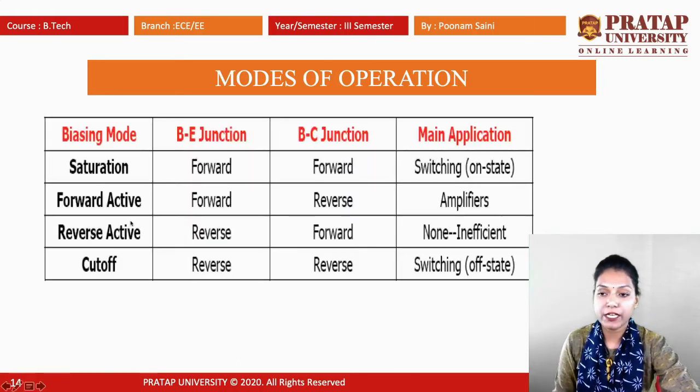There are four modes: forward active, reverse active, saturation, and cutoff. In saturation, both junctions are forward biased, and it is used as the switching on state.